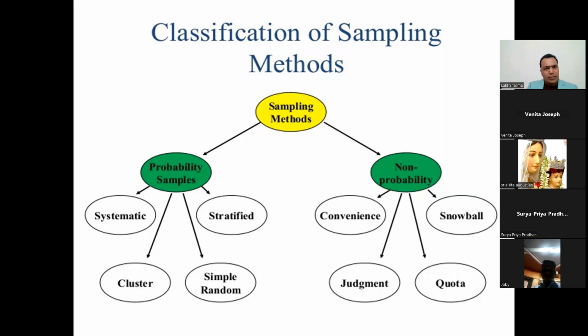Suppose we take the same example, emotional intelligence of 10th class convent schools in the Ludhiana district, right? If we are doing the study with probability sampling and using simple random sampling, first of all we will collect the data from the internet for the Ludhiana district. For example, there are 50 convent schools.